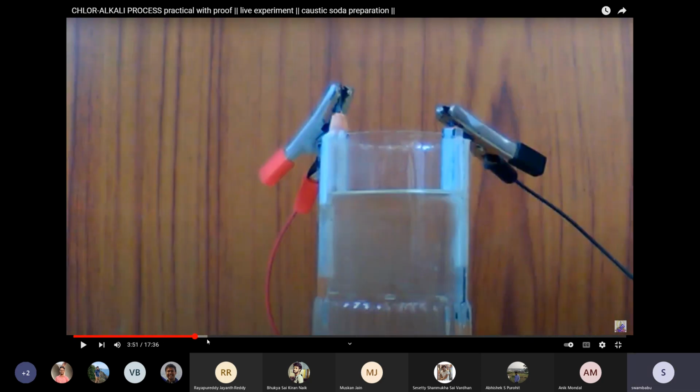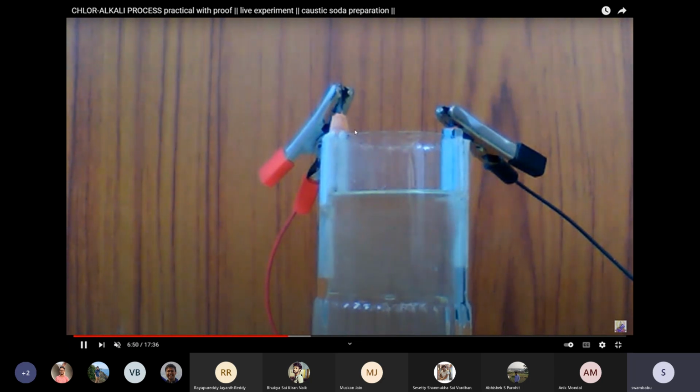You can see that once he applies sufficient energy with the help of the battery, you will observe chlorine gas coming from here, and you will also see a little amount of hydrogen gas coming from this one. This is just salt water, and this is the sharpened pencil at both ends.